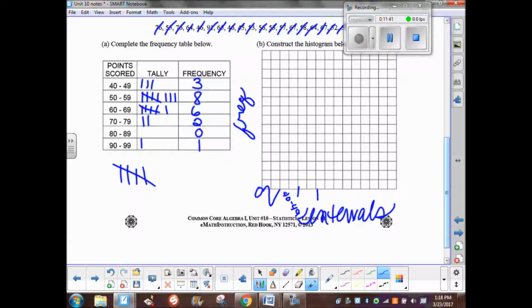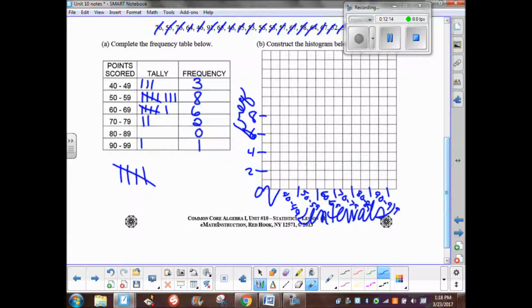I like to write mine vertically because then they seem to fit in a little better. My highest frequency is 8, so we could go every 2 boxes up to 8.